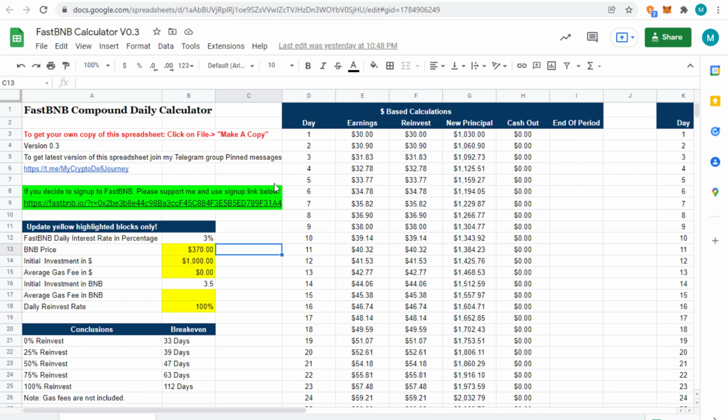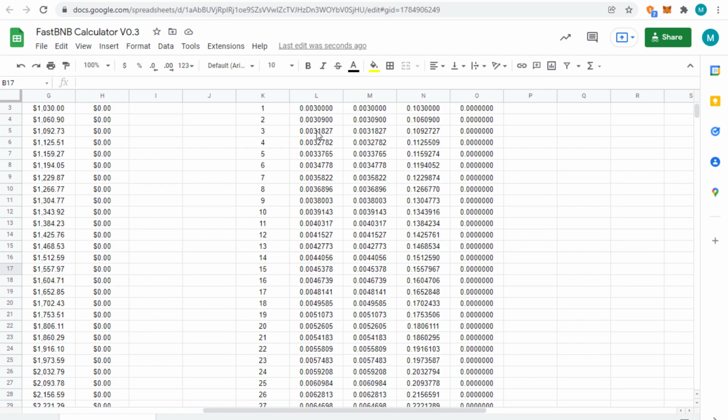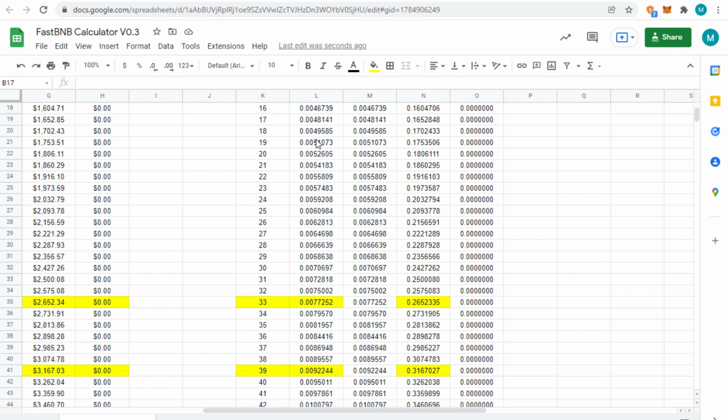Now, when you look at the calculator, in this example I have assumed 3.5 BNB. I'm going to make it 0.01, which is the minimum, and show you what really happens. When you start with 0.01, your earning on day one is 0.003, but unfortunately you can't really redeposit. The only time you can redeposit or compound is when it gets to 0.1.